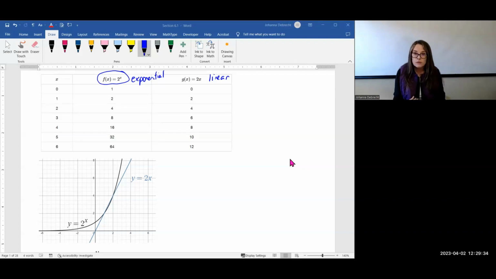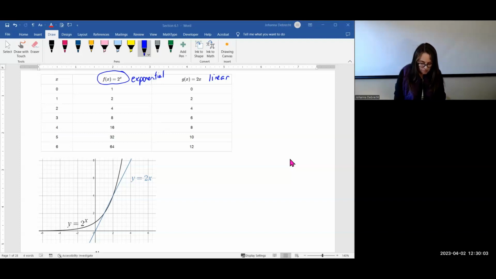So we have 1 over 2 to the x, which gives us fractions, but it never gets to 0 because the base is a positive value of 2, not 0. We can't get 0 coming out of an exponential function. It's just impossible. However, if you look at the linear function, it is possible to get 0. In this case, because the function is y equal 2x, you get 0 when x is 0.